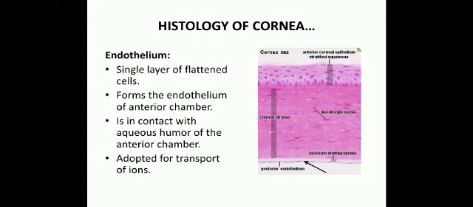So, these are adapted for the transportation of ions. They possess numerous mitochondria and are united to neighboring cells by desmosomes and by occluding junctions. So, these cells pump out the excess fluid from the cornea and thus ensure its transparency.